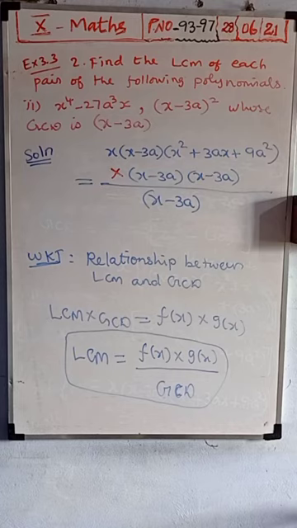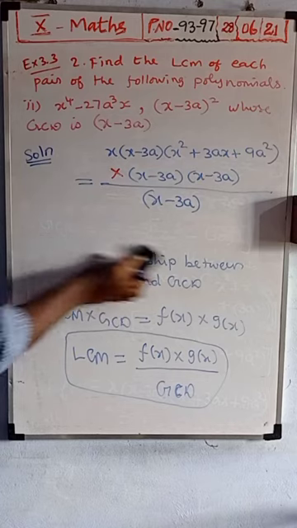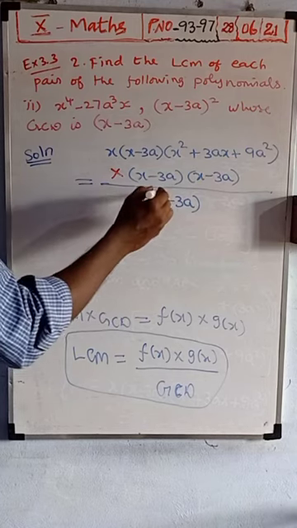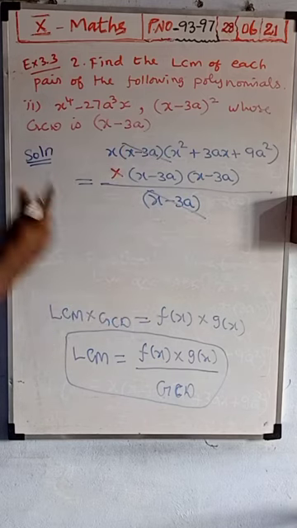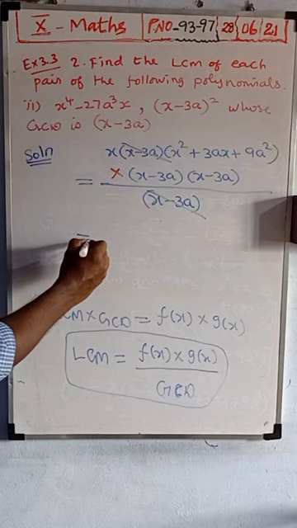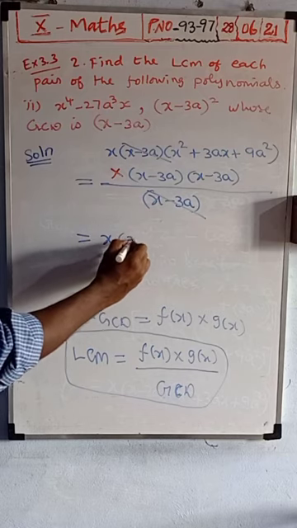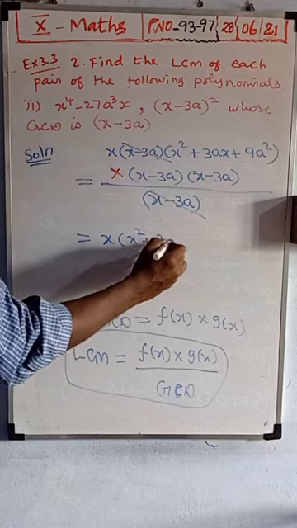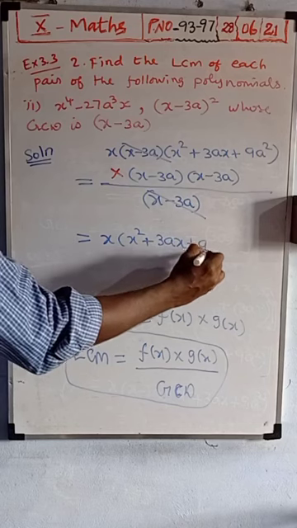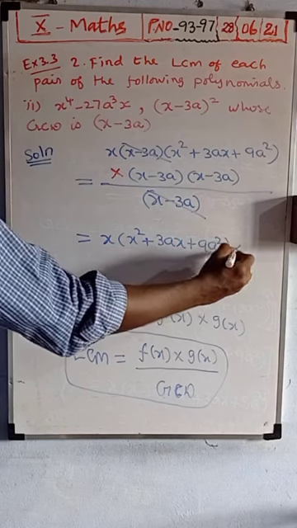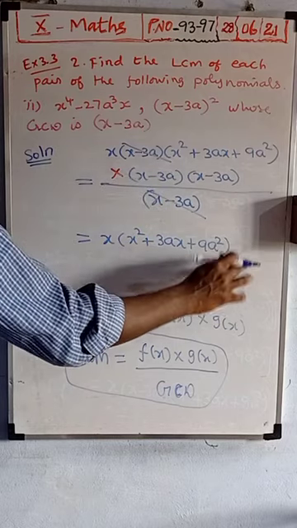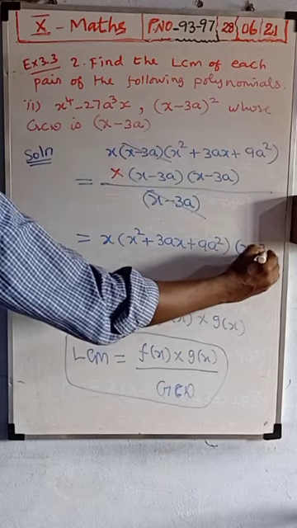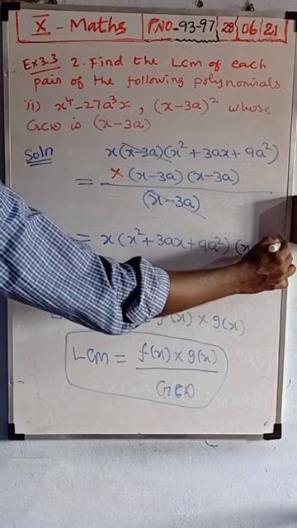Now here you check what will be cancelled. One x minus 3a will get cancelled. Then the remaining we receive is x of x squared plus 3ax plus 9a squared into x minus 3a into x minus 3a, that is x minus 3a to the whole square.